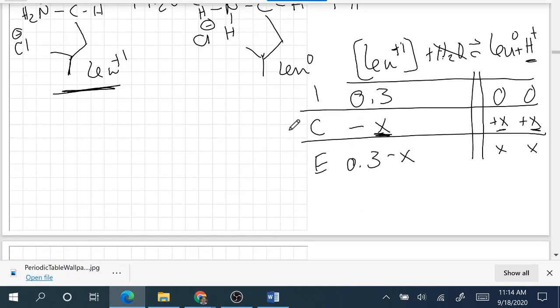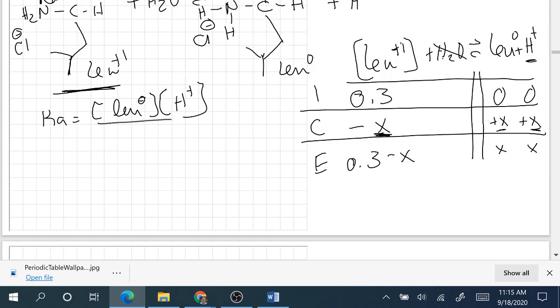So we can just write a Ka expression for this. Ka is equal to LEU 0 times H plus over LEU plus 1.